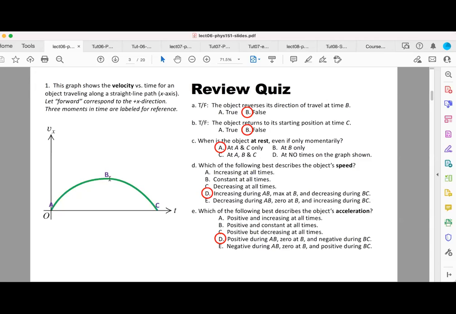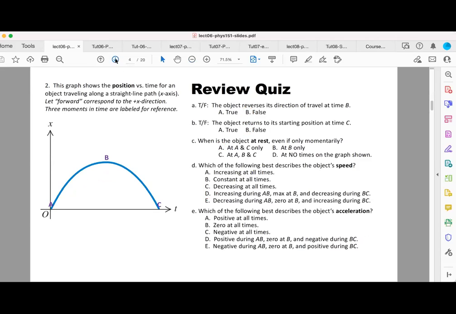We know that when we have a constant velocity, we don't have acceleration, right? Then the velocity between B and C is decreasing because it's going from VB, the velocity at point B, towards 0. So the acceleration is negative during BC, because it's going in the opposite direction of the velocity.